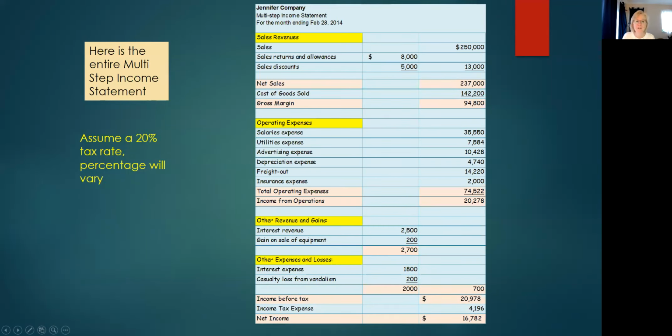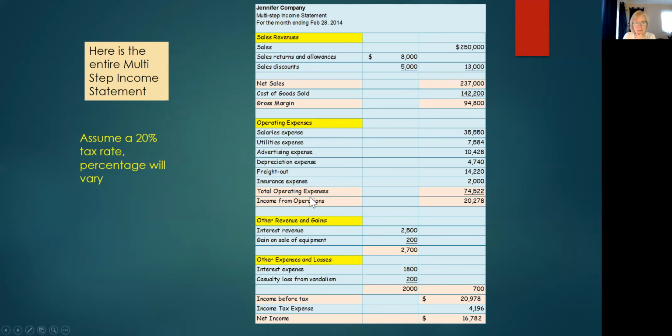So these are unusual items. A company's not in the business of borrowing money. Let me rephrase that. The company's core business doesn't involve borrowing money or loaning money unless you're a bank. Okay. Of course, a company has to borrow money, but that's part of your financing. Okay. This is operations.